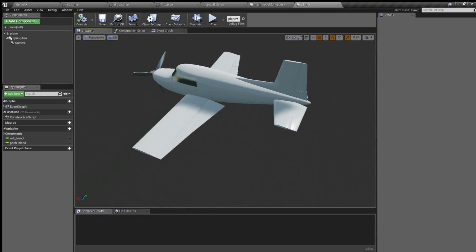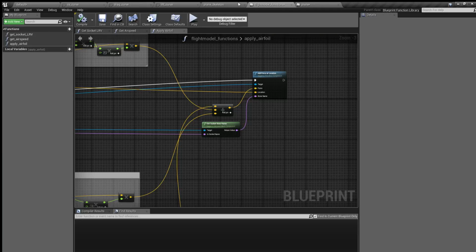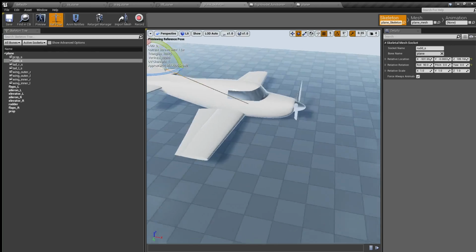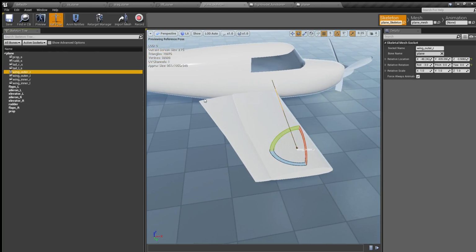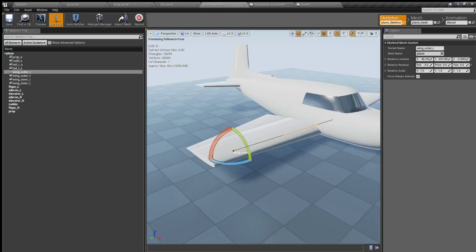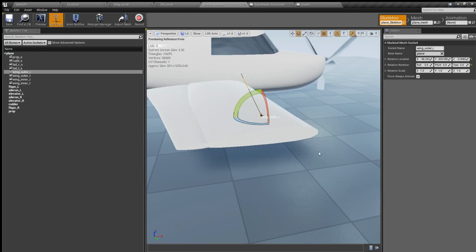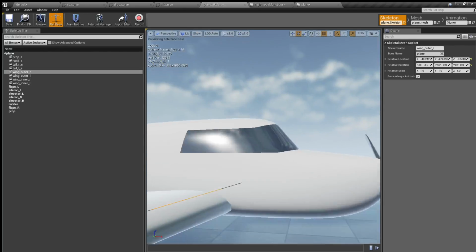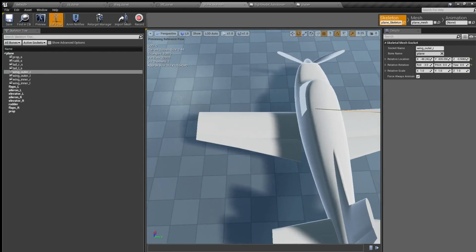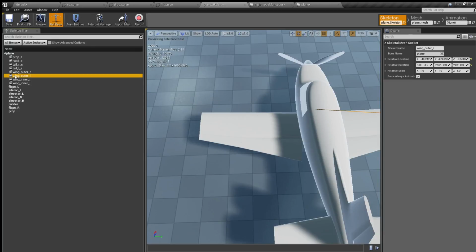Just a final note, because this model applies forces on different parts of the aircraft, the actual location of the sockets is fairly important. In order for your aircraft to fly realistically, the socket should be located about 1/4 of the way from the leading edge to the trailing edge.